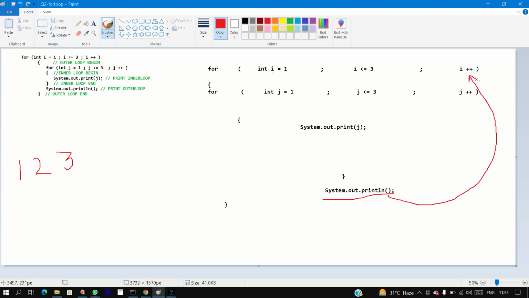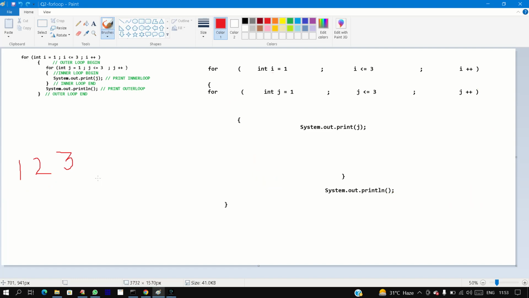If you remember, when the whole inner loop was running, our i was 1, isn't it? When this i was 1, we got the output as 1, 2 and 3. Fine.